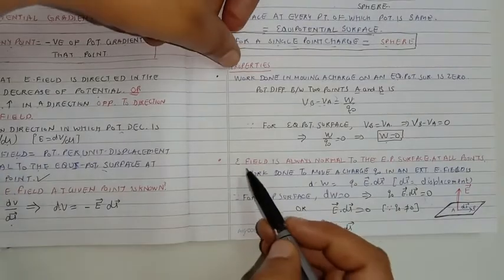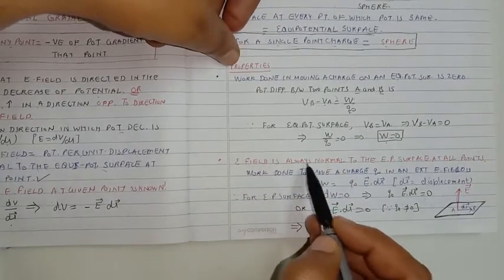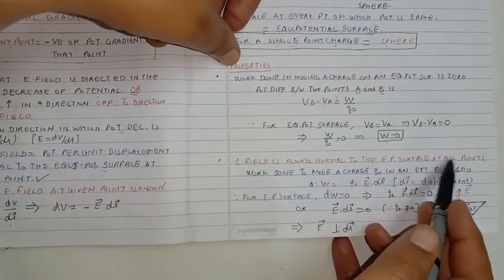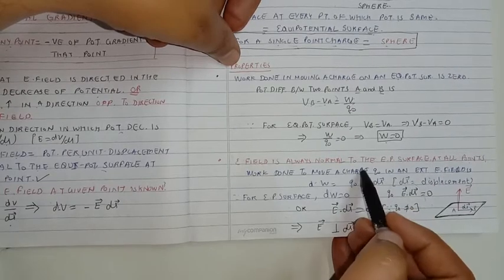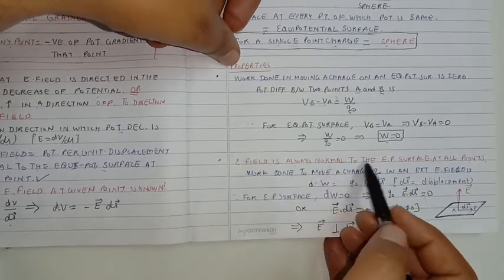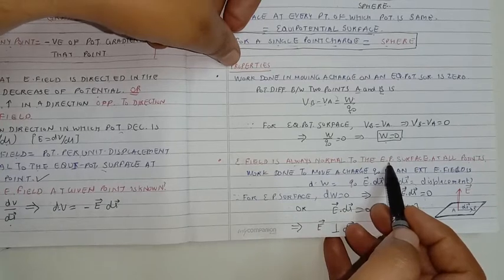Next important property: electric field is always normal to the equipotential surface at all the points. At all the points, electric field is always perpendicular to the equipotential surface.